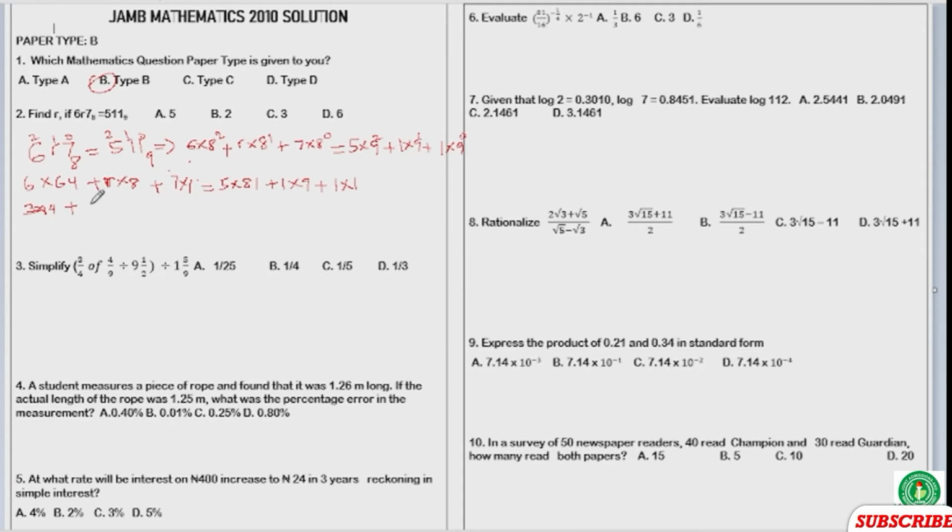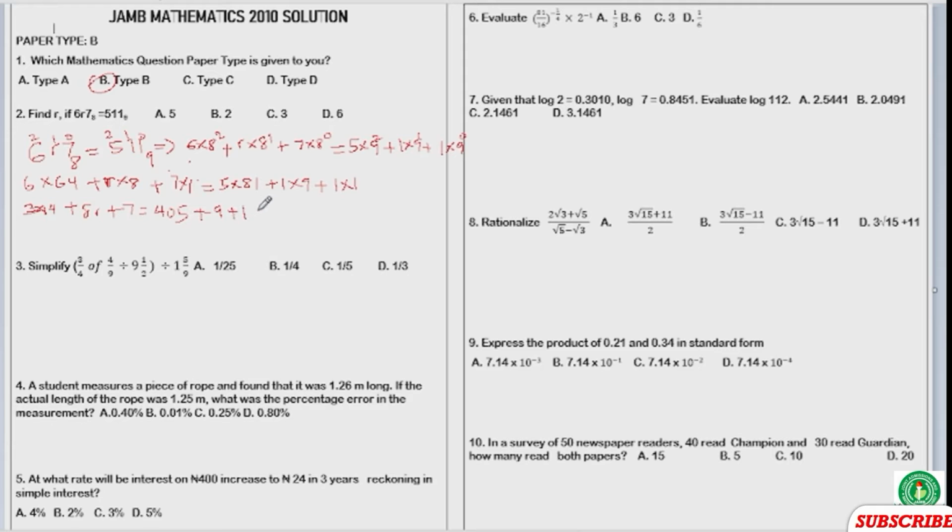So we have 384 plus 8R plus 7 equal to 5 times 81, which is 405, plus 9 plus 1.